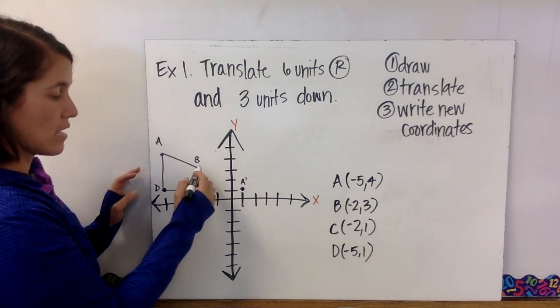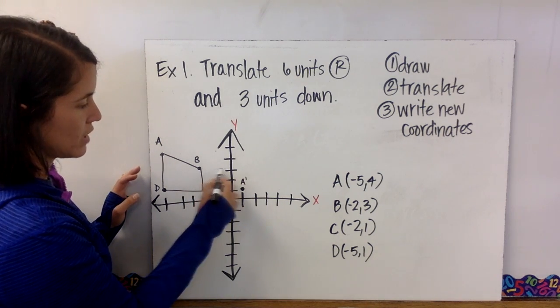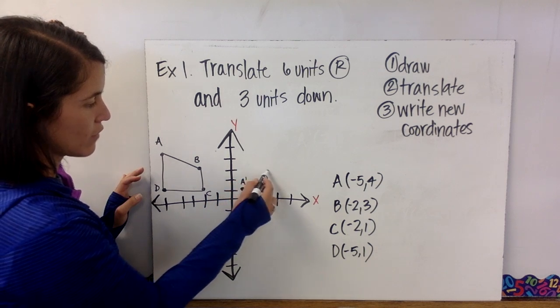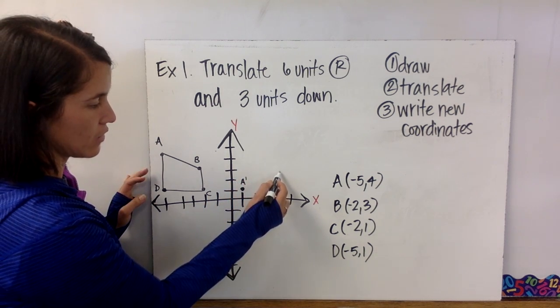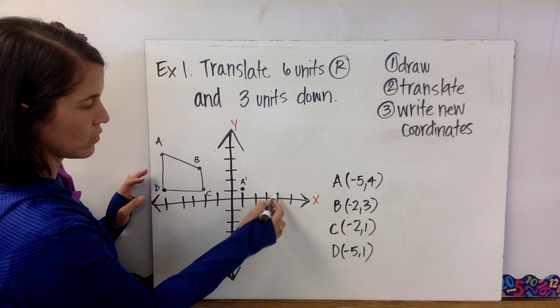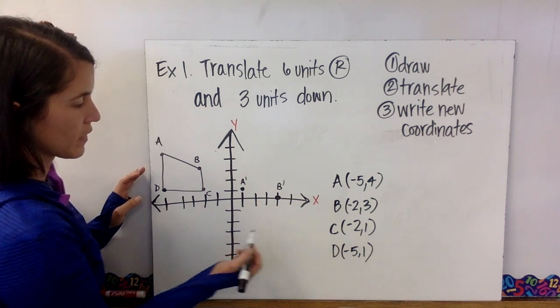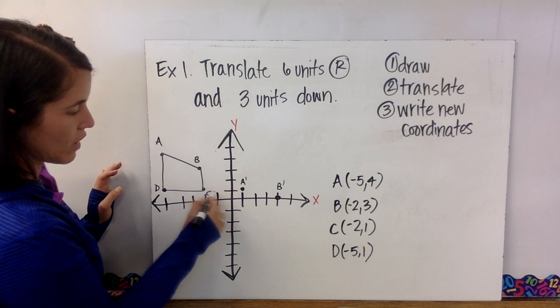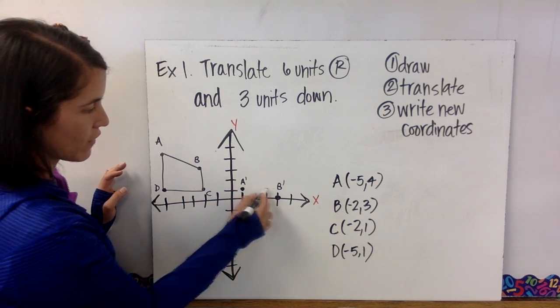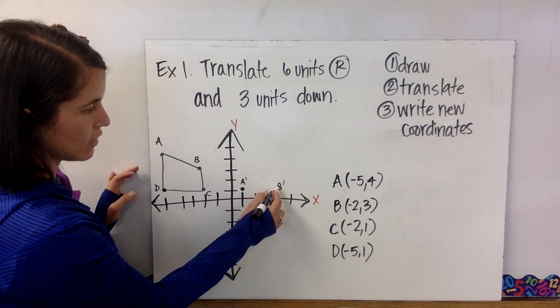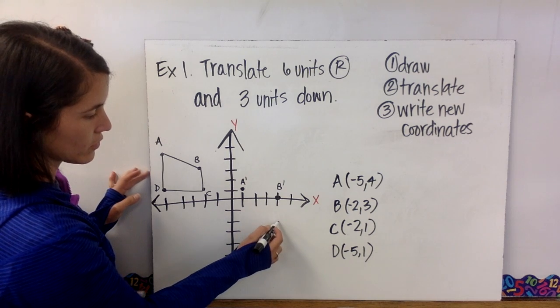Now let's go to B. 6 units to the right, 1, 2, 3, 4, 5, 6, and then 3 units down. 1, 2, 3. B prime. C, 6 units to the right, 1, 2, 3, 4, 5, 6. 3 units down, 1, 2, 3.